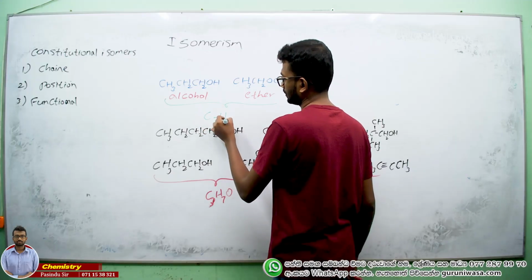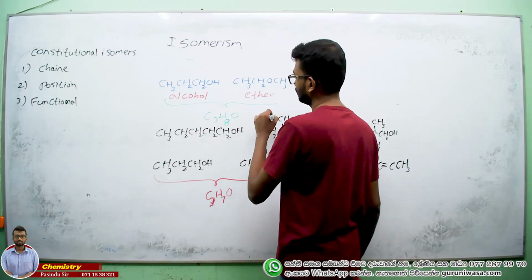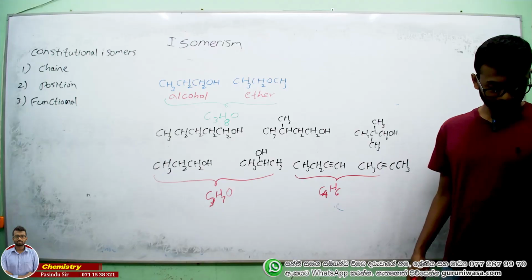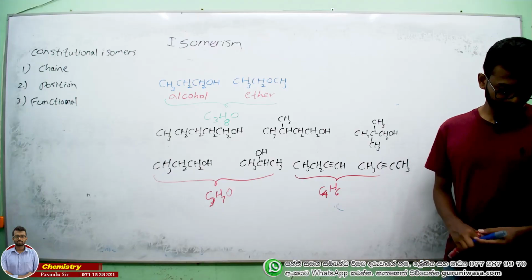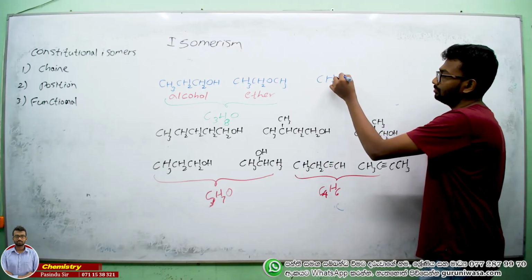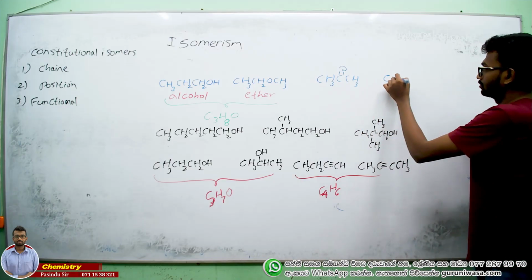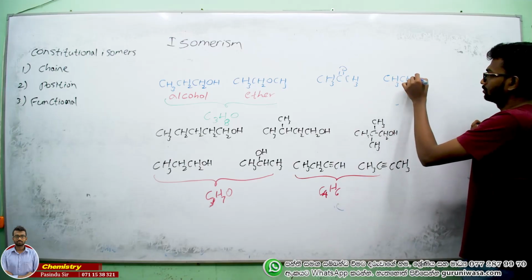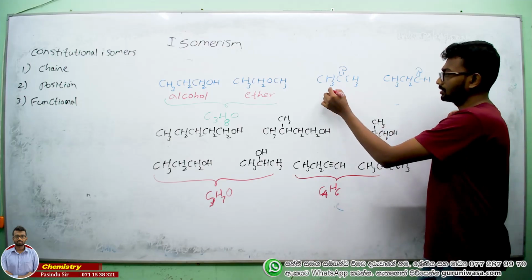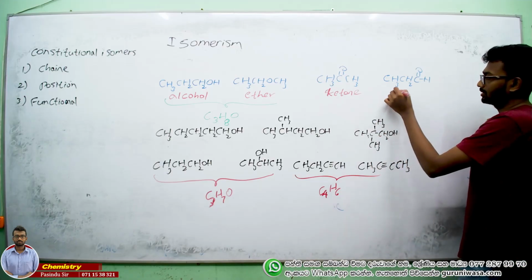C3H8O, right? And another example, this one is a ketone, but this one is an aldehyde.